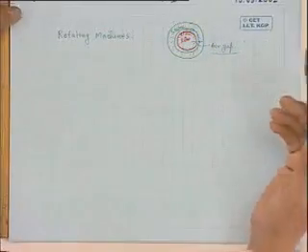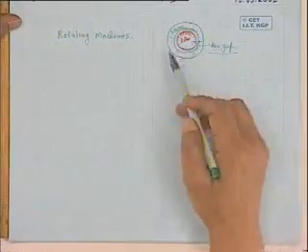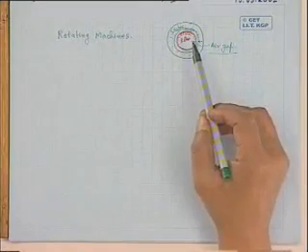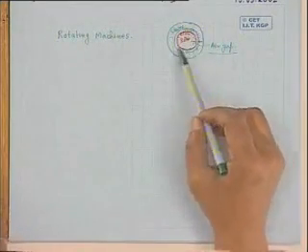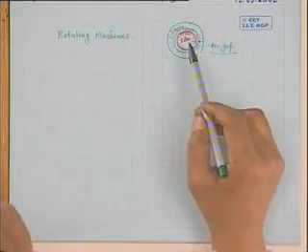So, rotating machines we are discussing, and you know that a rotating machine will primarily consist of a stator structure made of iron and slotted on the inside periphery to house a winding called the stator winding.